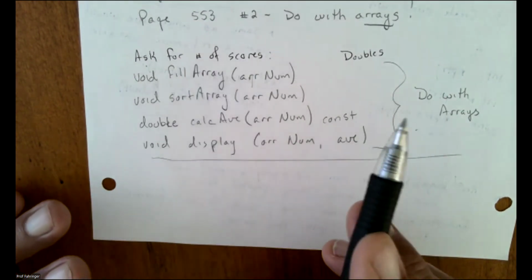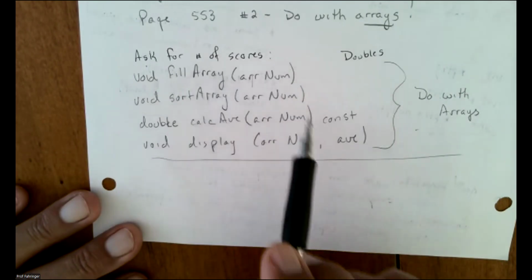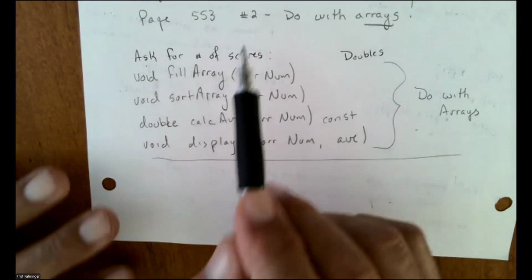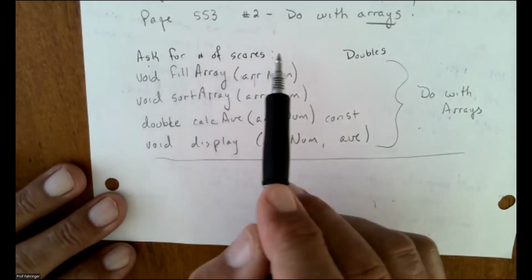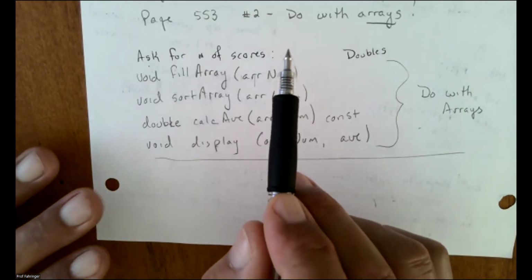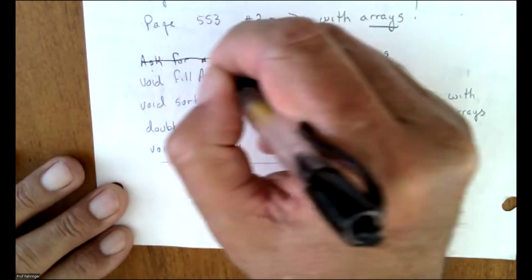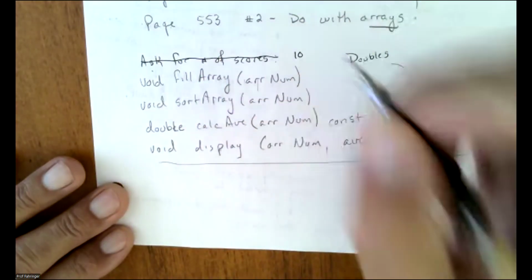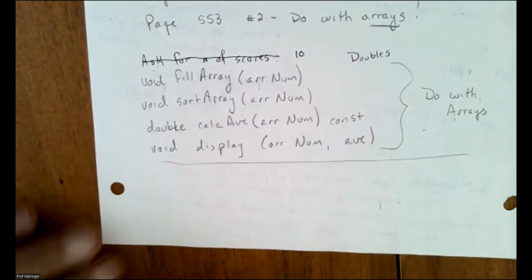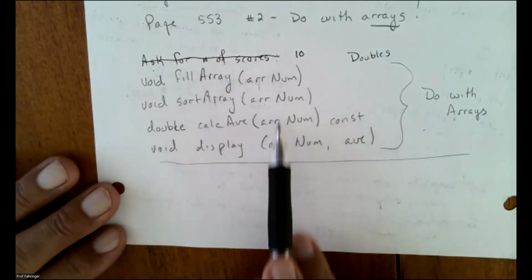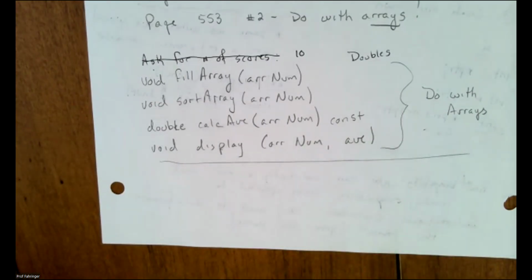We don't have to really ask for the number of scores because if we do, we'd have to pass them in. But we could skip that first line and let's say there's going to be 10 scores. Otherwise, we'd have to pass in the size. So this with arrays, not too bad recently.